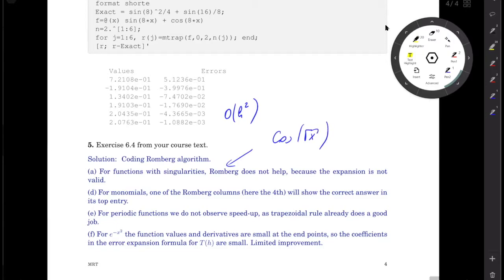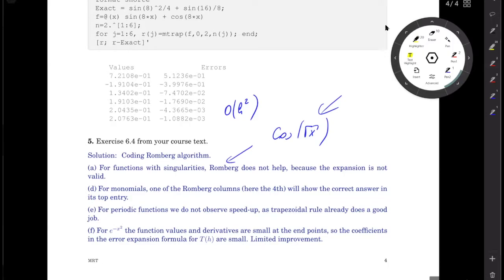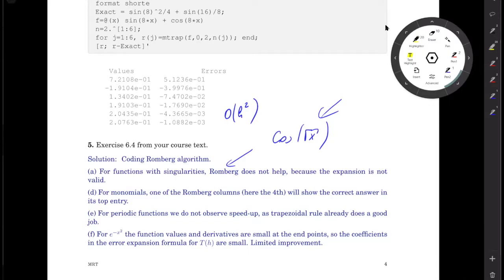And that is what you'd call a singularity, in the sense that if you take the derivative, it blows up, okay? Because we've got the square root term in here. And so Romberg doesn't help, because the expansion isn't valid, because the expansion relies on all the derivatives being exact. Now, for monomials, I think it was x to the 7 or something like that.